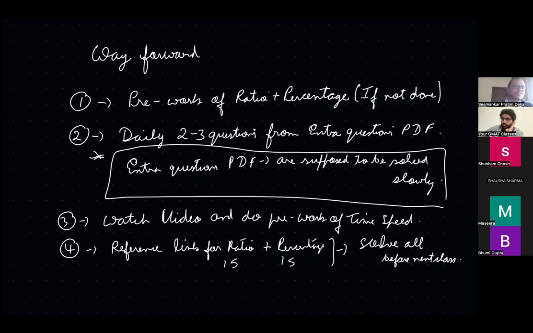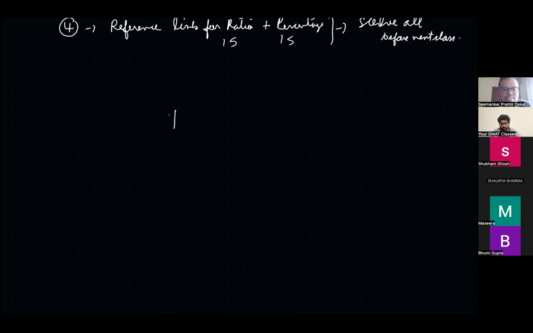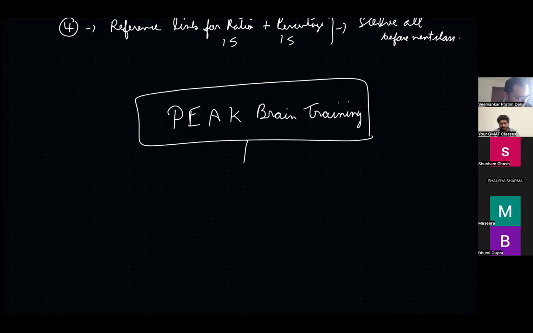Actually, since I started working, my brain has stopped working in terms of calculation. It's okay. I will recommend all of you try this app. It's called Peak Brain Training. You can download its APK if you don't want to pay, or you can pay on App Store or Play Store.